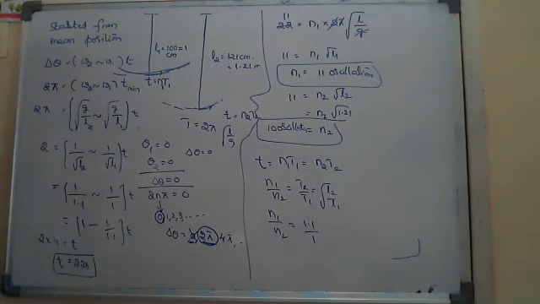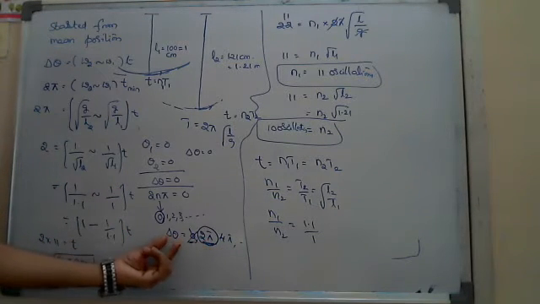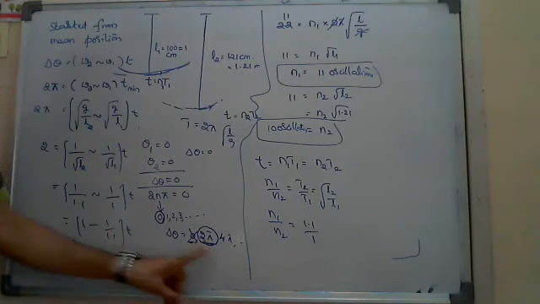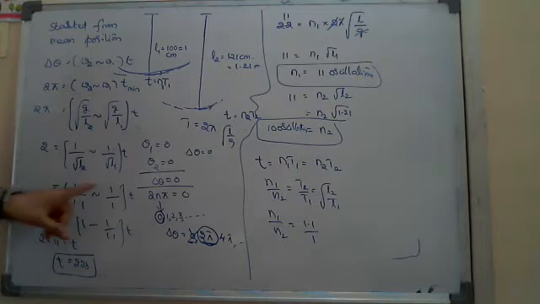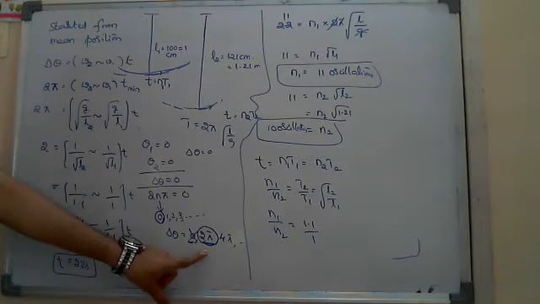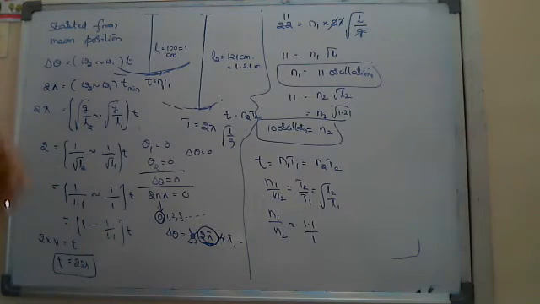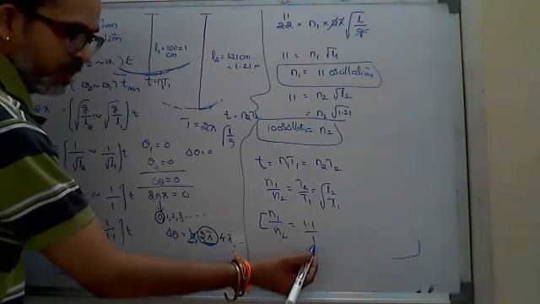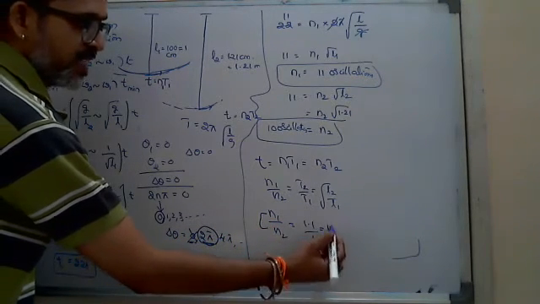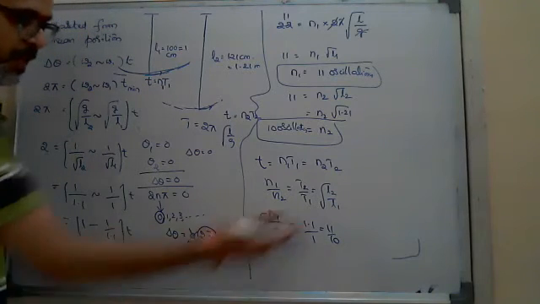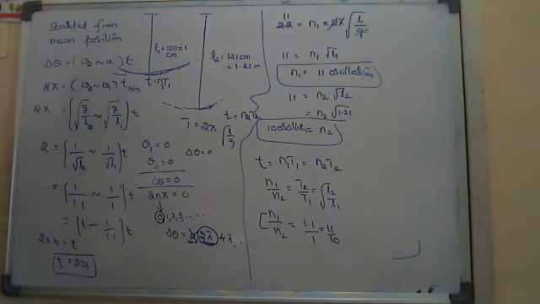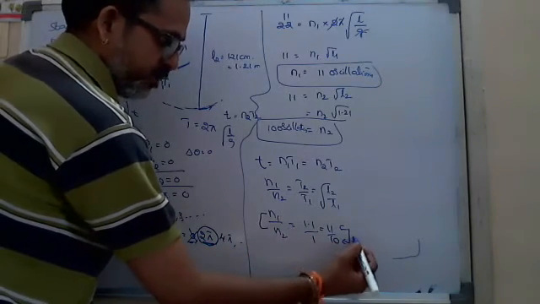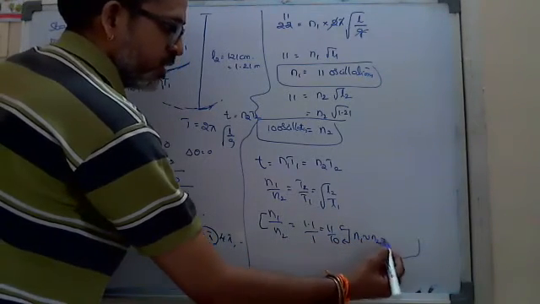That is simple logic. So here the difference in the number of oscillations should be 1. Already you know the ratio. Suppose you write it as 11 by 10, multiplying the numerator and denominator by 10, then without doing anything, straight away you get n1 minus n2 equal to 1.